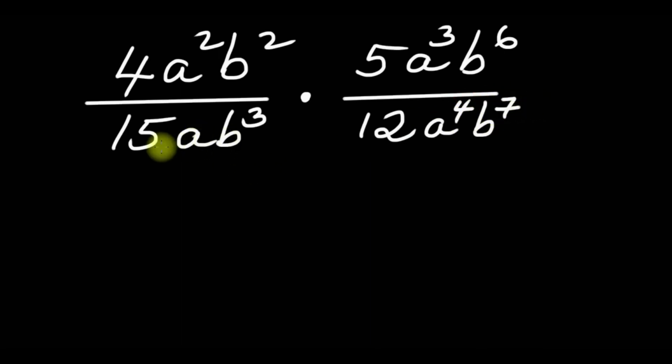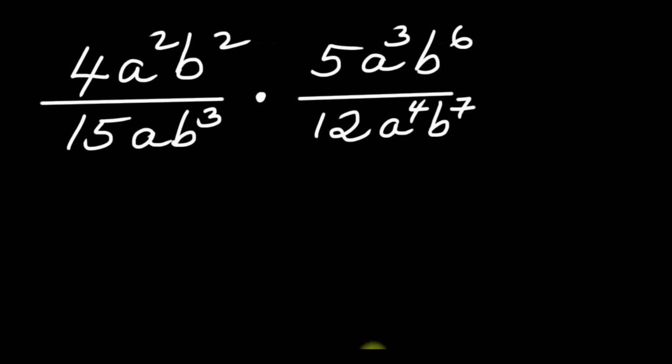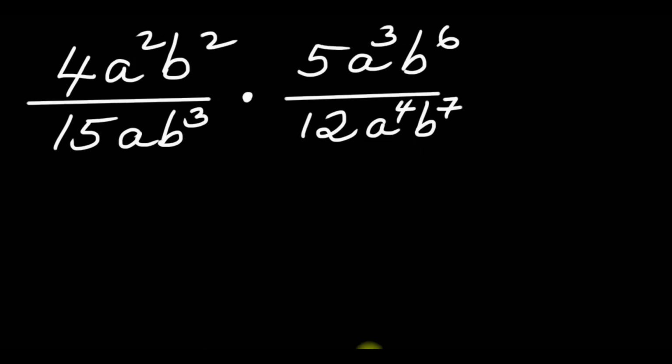Okay, so here we're multiplying rational expressions. As you can see, we have all monomials. Those are the expressions with just one term. What we're going to do here is multiply numerator with numerator using the exponent rules, and then denominator with denominator, and then from there we're going to simplify.